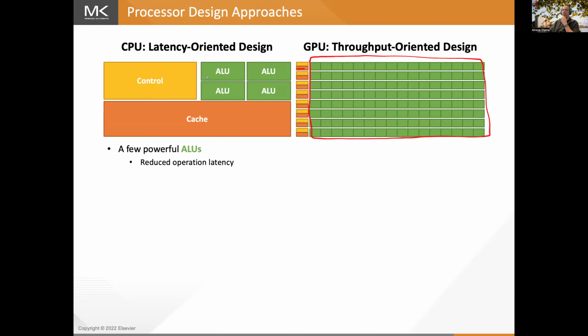So let's compare them a little bit. On CPUs, you have a few, but probably more powerful ALUs, right? But when it comes to GPUs, you have many small ALUs. These things come from the design principle. So you have long latency, but you have high throughput.